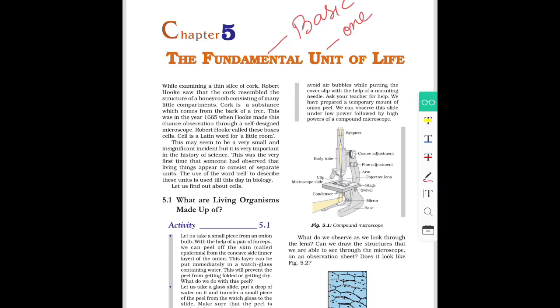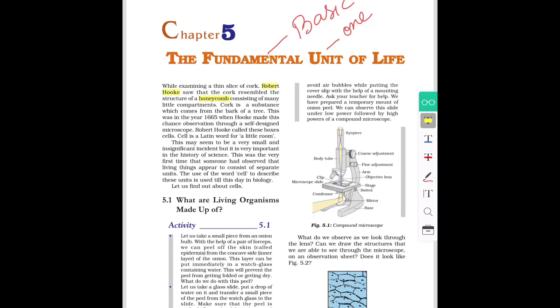Let us first understand how cell was discovered. While examining a slice of cork, scientist Robert Hooke saw that the cork resembled the structure of a honeycomb consisting of many little compartments.